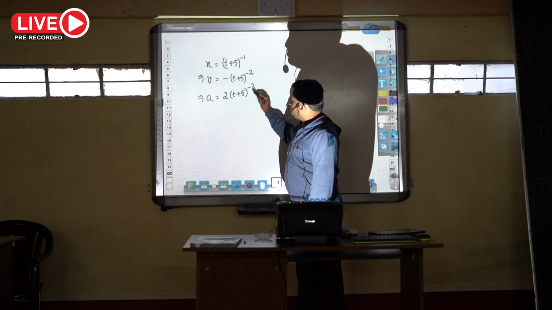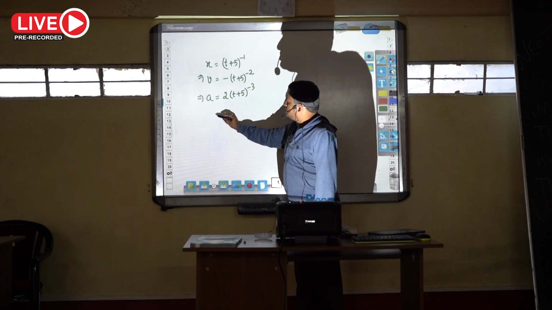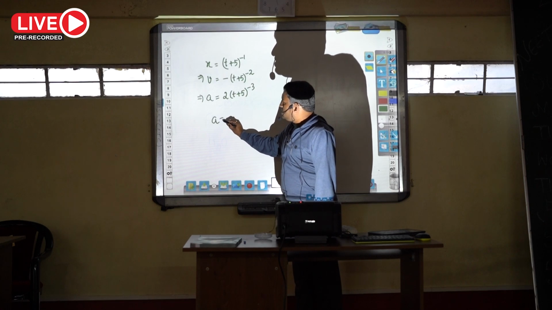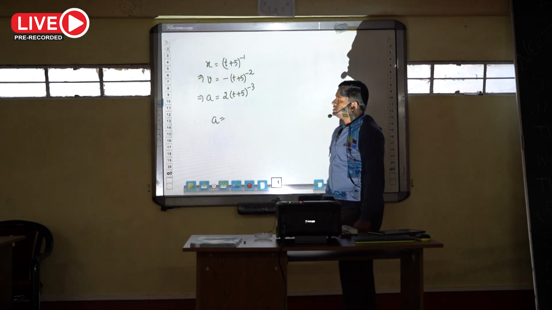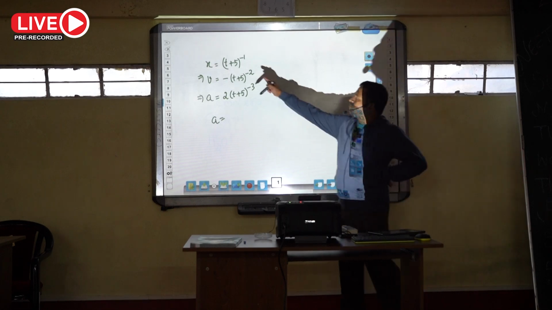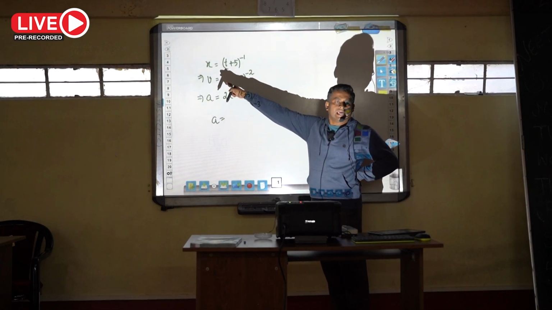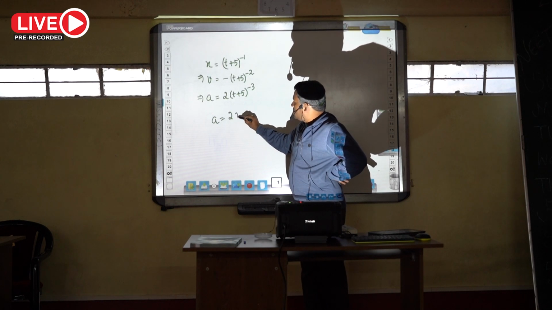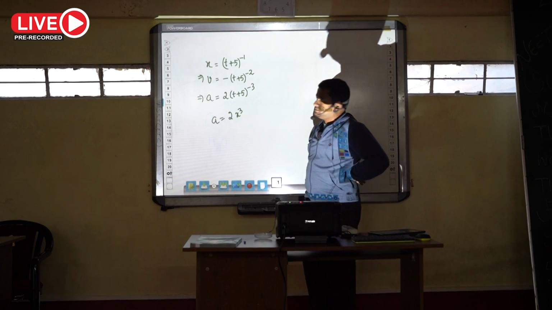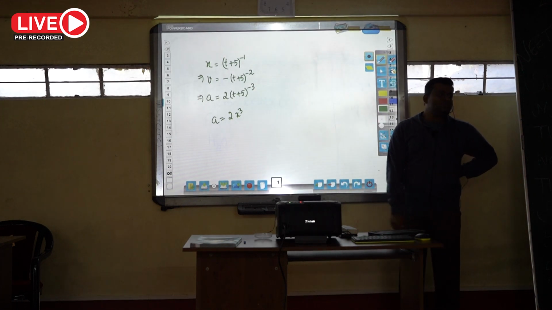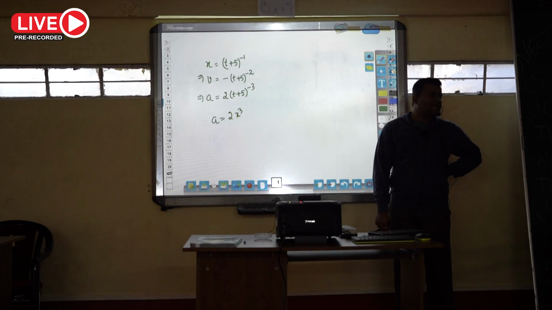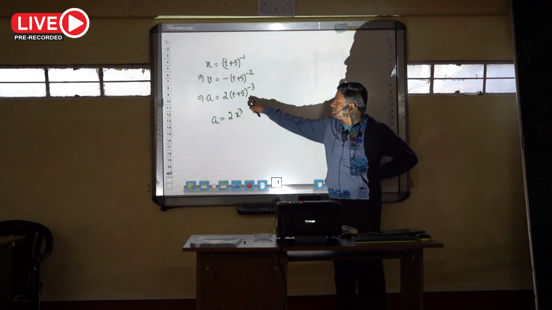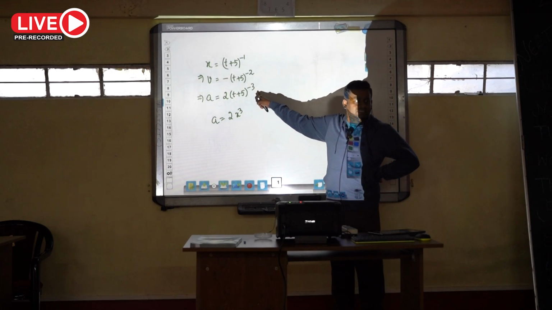Now from this try to eliminate and write a in terms of x. Just check, (t plus 5) to the power minus 1 is x. So this term is (t plus 5) whole to the power minus 3.